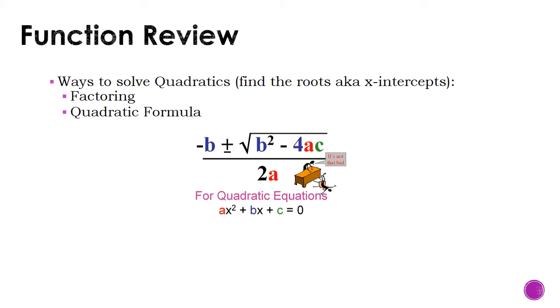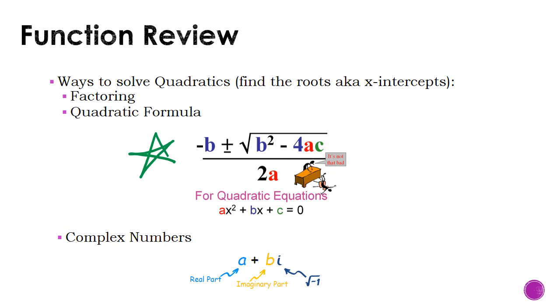Just a quick review. Remember that if you can't factor to find solutions, you're going to need to use the quadratic formula. Find one of those YouTube tunes to help you remember what it is, and maybe practice one to make sure you remember how to plug in your A, your B, and your C value. Also remember that when using the quadratic formula, you might end up with a complex number.